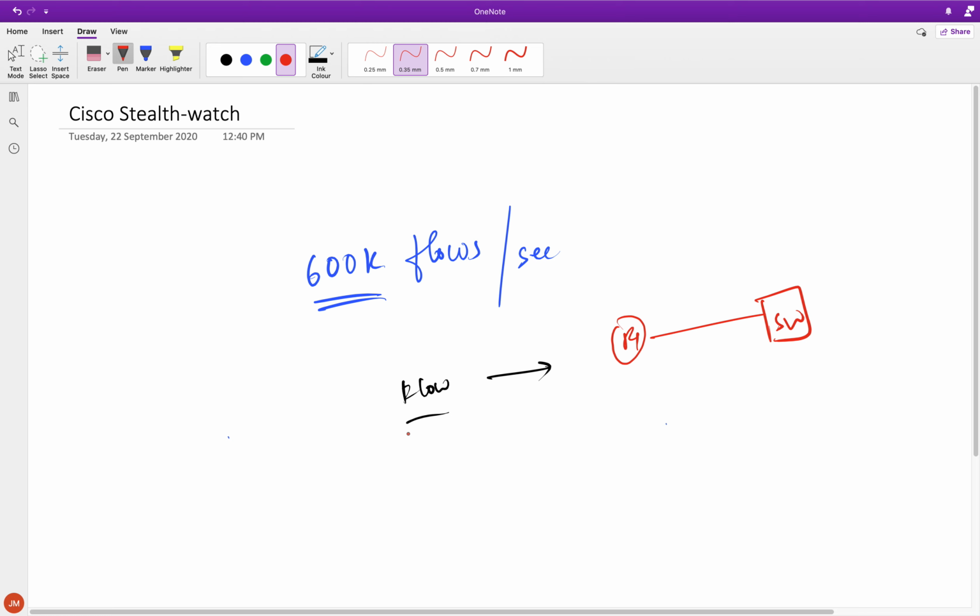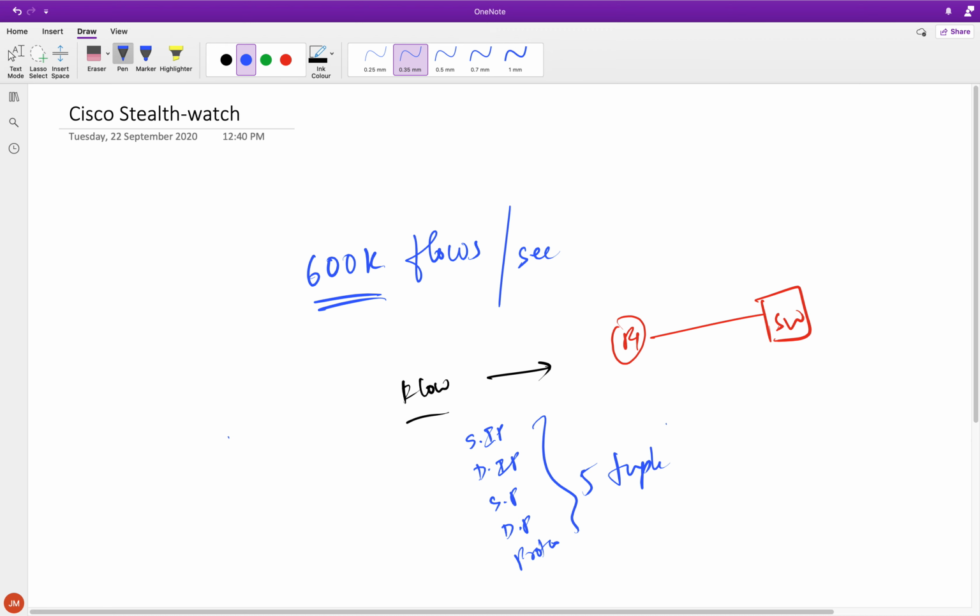By the standard industry definition, a flow is one which has a source IP, a destination IP, a source port, a destination port, and the protocol. This is the 5-tuple, as we call it, and that's basically the flow, and that is what is analyzed by your Stealthwatch. So yeah, that's one of the interesting things.